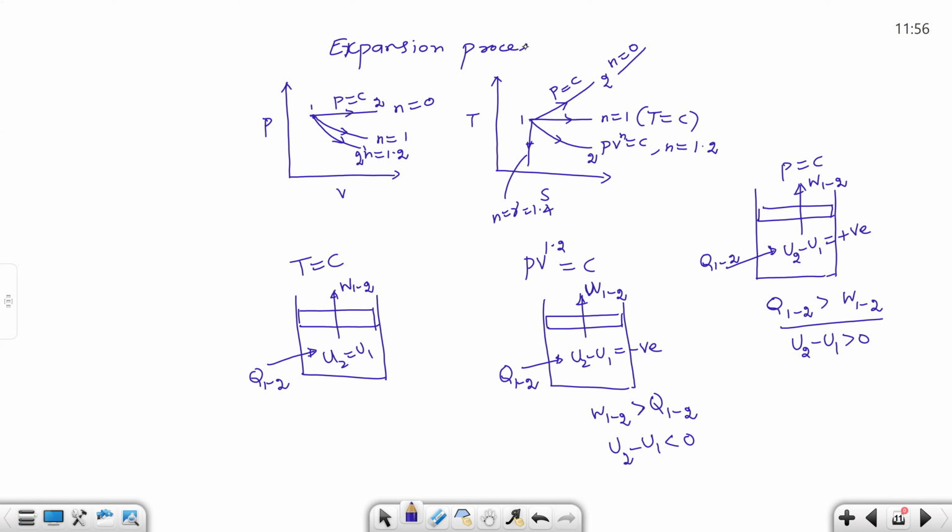In a compression process, things will reverse. Heat will go out, work will come in. So now we only talk about the expansion process. In this case, what happened? Heat supplied will be equal to work out. Internal energy change U2 minus U1 will be 0. So this is the difference between the three processes that we need to understand a little physically.